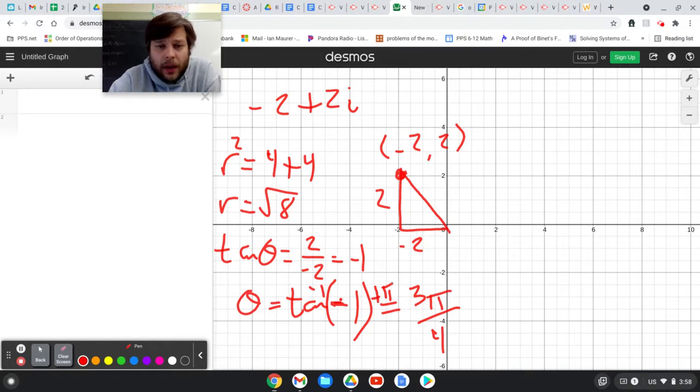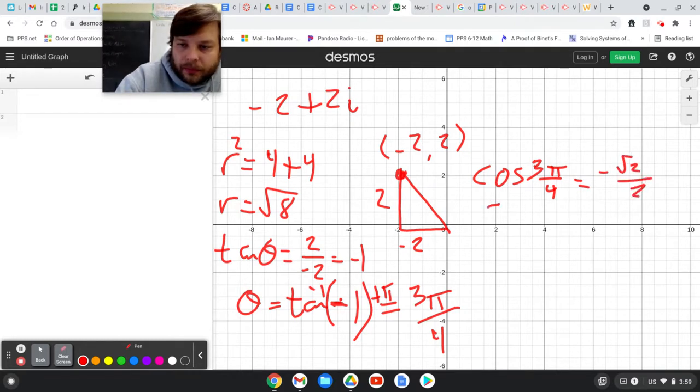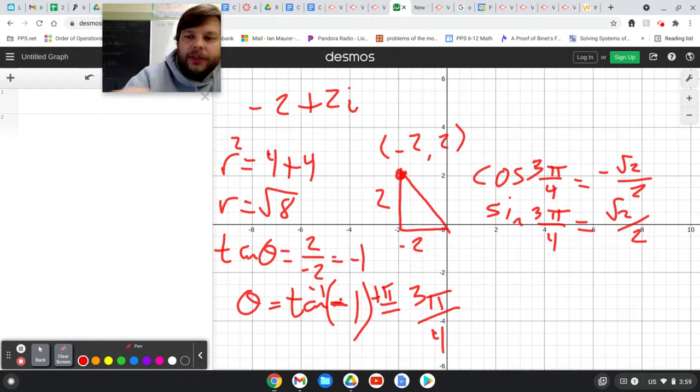As you can see if you just looked at a unit circle. So what we can do is represent this in terms of cosine and in terms of sine. Because if you think about a right triangle, we know that the cosine of 3 pi over 4 is equal to negative square root of 2 over 2, and the sine of 3 pi over 4 is equal to positive square root of 2 over 2.